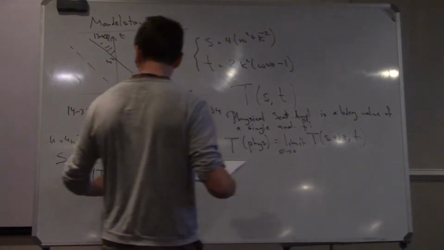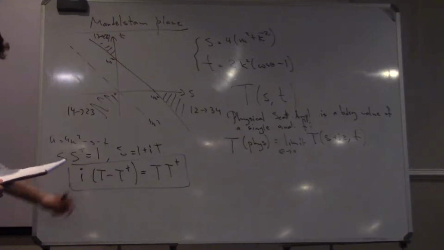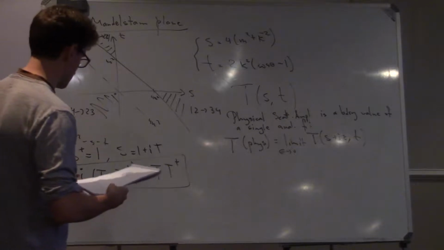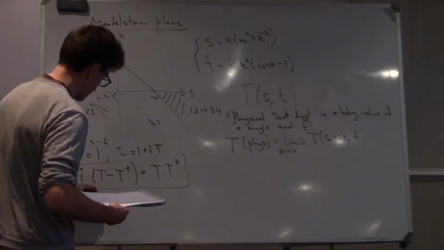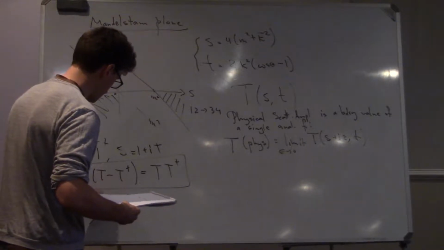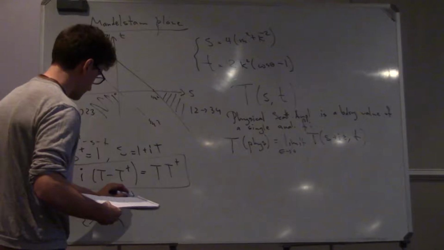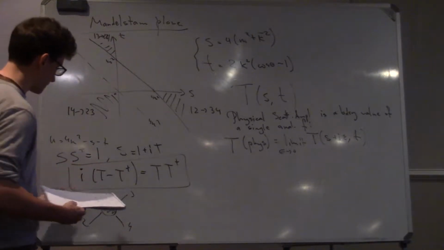In particular, if you sandwich this equation between the two-particle states, you see this picture: if you have a 2 to 2 scattering, on the left-hand side you take an imaginary part of the amplitude.